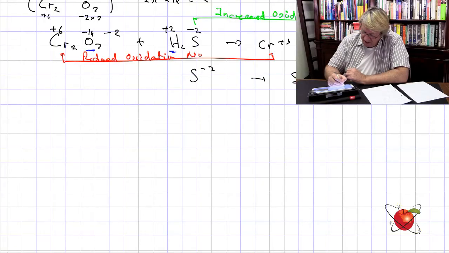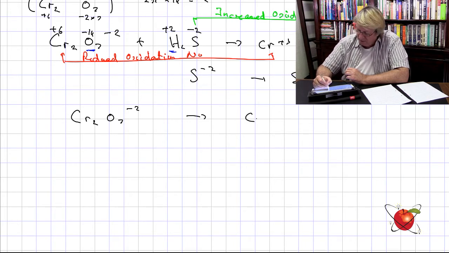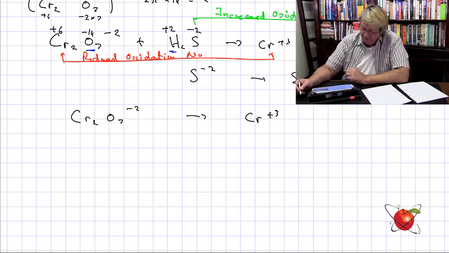So we write down our reaction. Sorry, I just want to go back to start at black. We've got Cr2O7 2- has gone to Cr 3+.